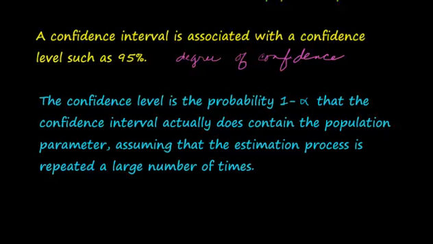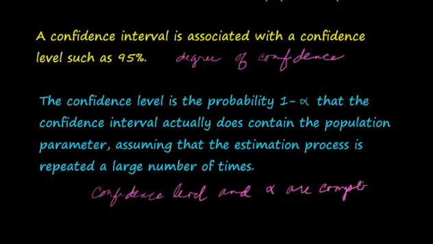So this confidence level and alpha are complements. You remember complements. The sum of the two equals 1, right?